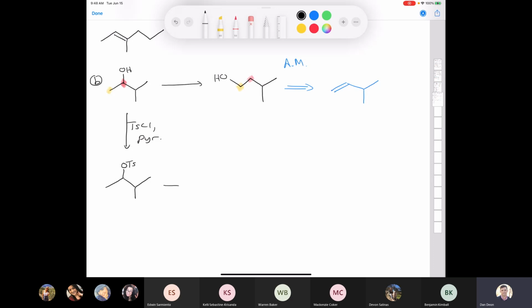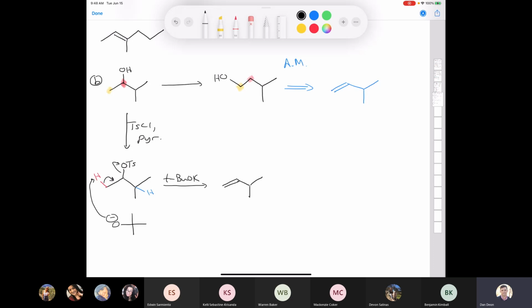So now if I treat this with a hindered base, like potassium t-butoxide, I'm going to end up with the Hofmann alkene, right? The reason why is I have beta protons here, and I have a beta proton here, but the beta proton in red is going to be plucked by the t-butoxide ion, which is just so big and bulky, right? That the E2 elimination is going to occur like that.